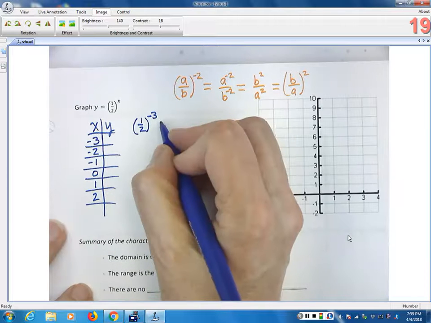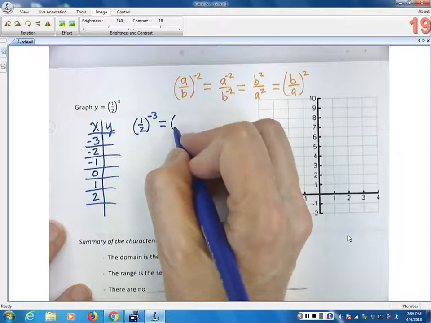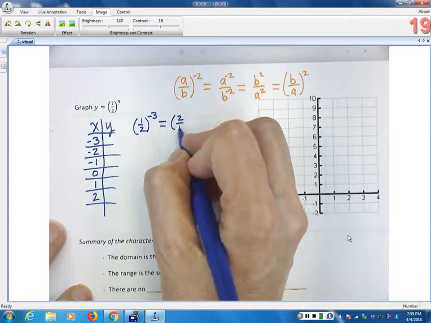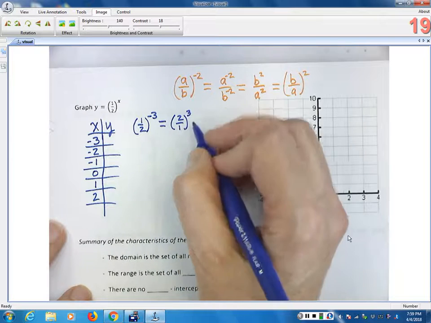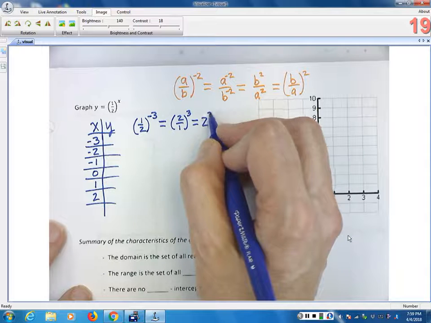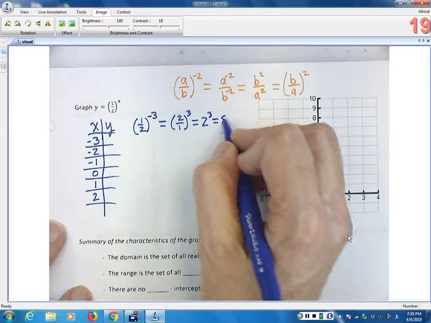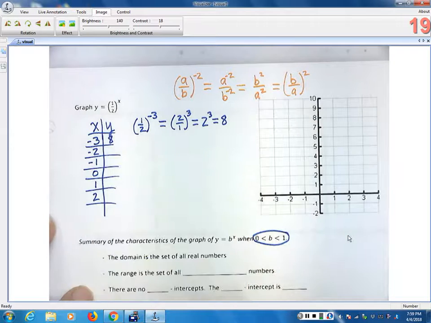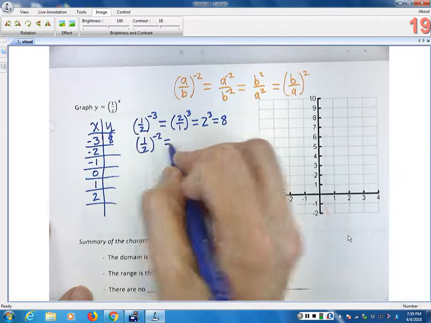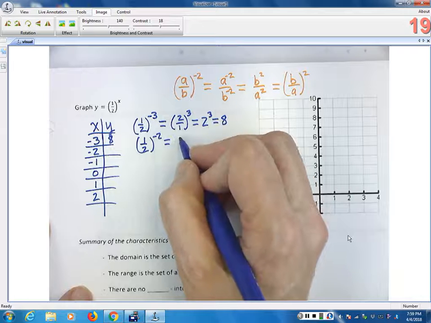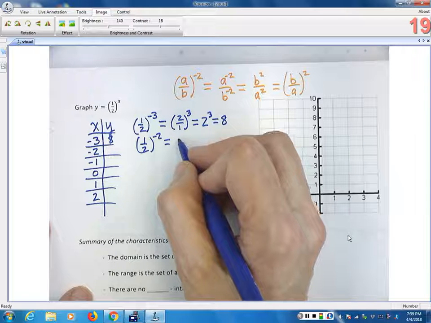So I'm just going to write this as 2 over 1 to the 3rd power, and of course 1 to the 3rd power is 1, so it's 2 to the 3rd, which is 8. And then 1/2 to the -2 is 2 squared.